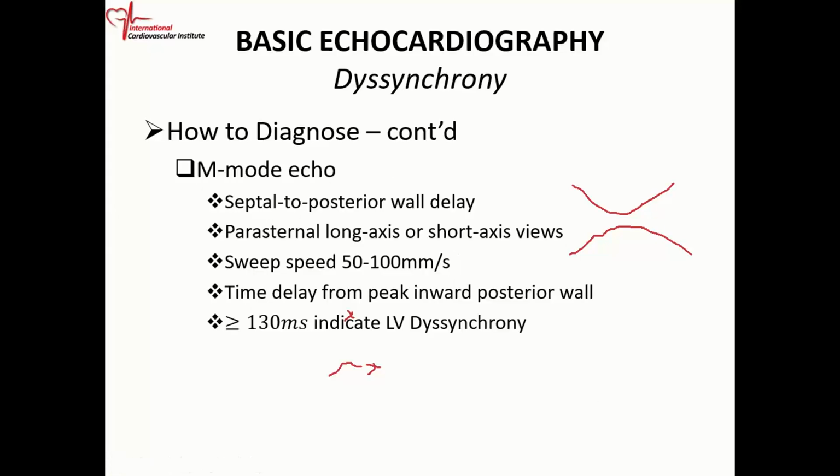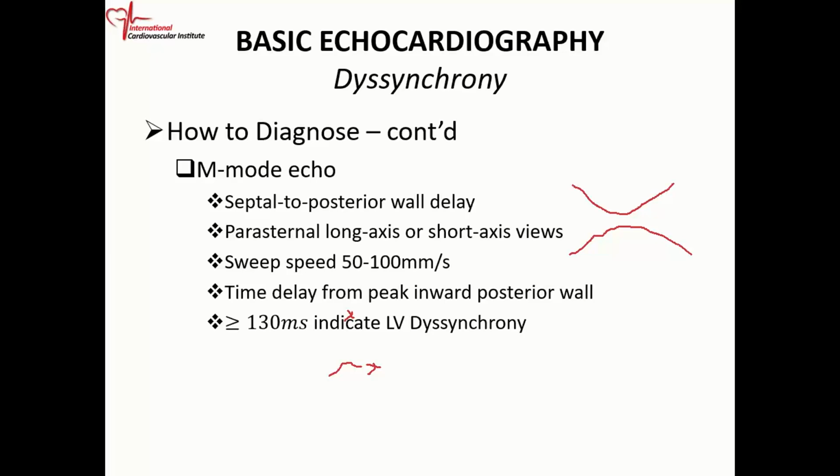All right. So if you're going to use M-mode to look at dyssynchrony, and you're using septal to posterior wall delay, again, you're supposed to use your short axis, or you can use the parasternal long axis.